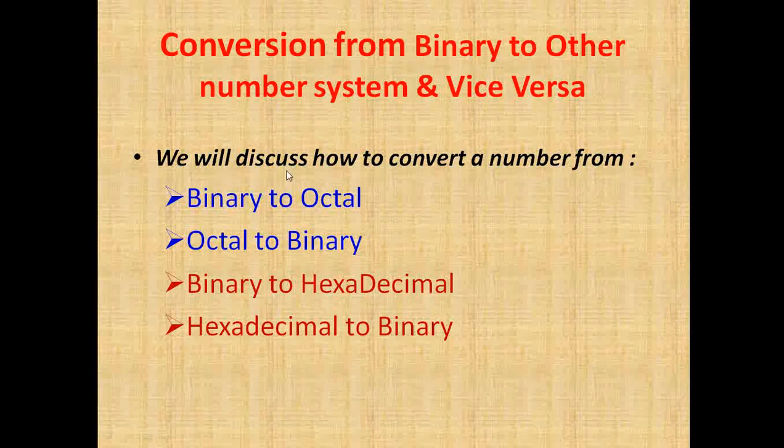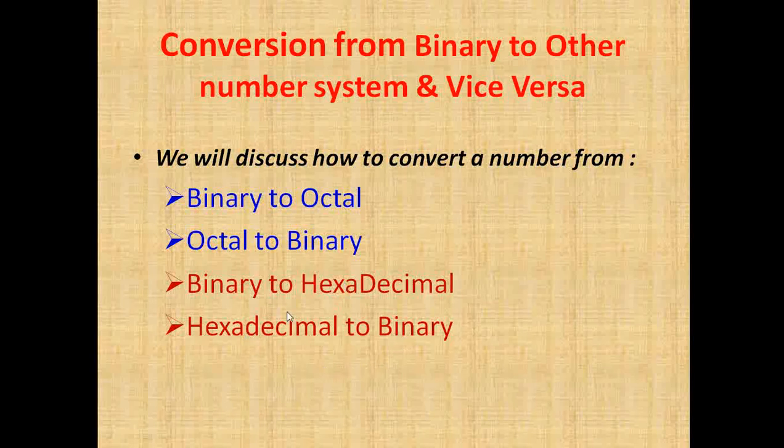So we will discuss how to convert a number from binary to octal and then from octal to binary. That means we will convert a binary number into octal and then from octal back to binary. Similarly, we will convert a binary number to its hexadecimal equivalent and then from hexadecimal equivalent to binary.